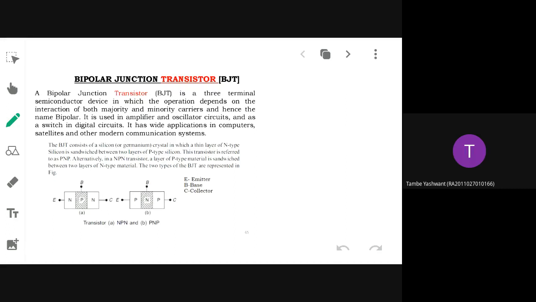Apart from the PN junction diode and Zener diode, there are other semiconductor devices, commonly called transistors.